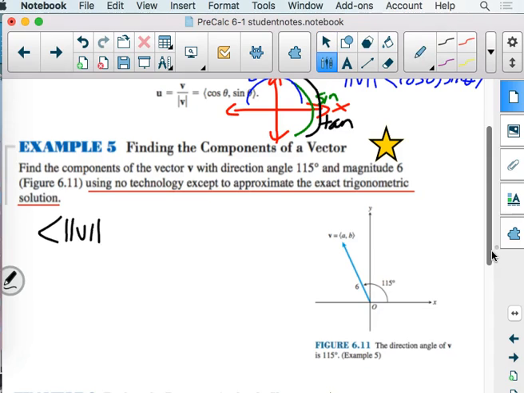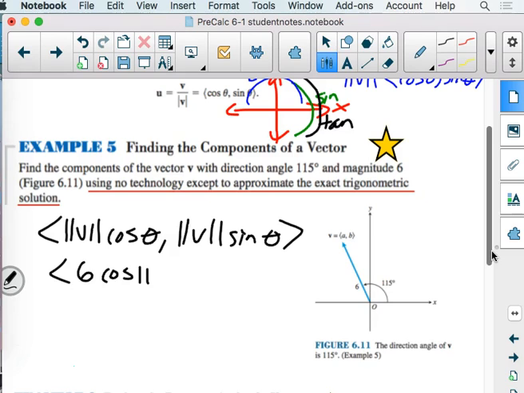Magnitude of v, cosine theta, magnitude of v, sine theta. Magnitude, they gave us that. Wow, they're handing us stuff. 6 cosine of 115 degrees. And 6 sine of 115 degrees.